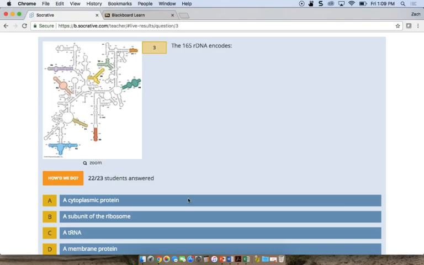What's R stand for here? It encodes for an rRNA, which encodes for a part of the ribosome. Okay, so this one, the correct answer would be a subunit of the ribosome.